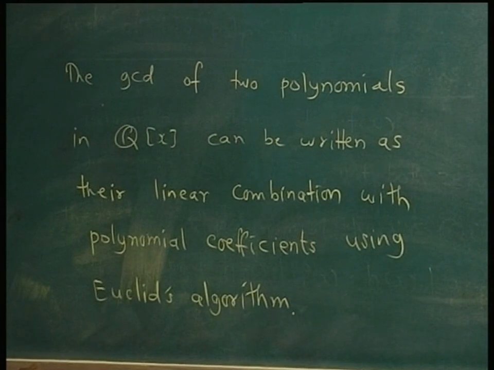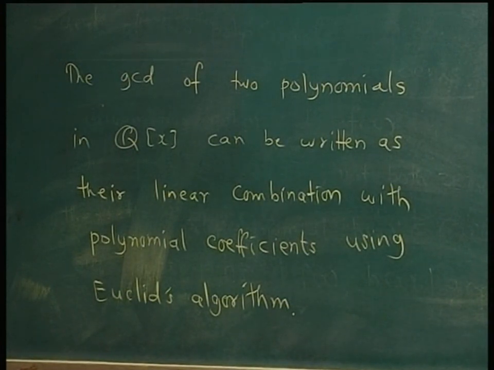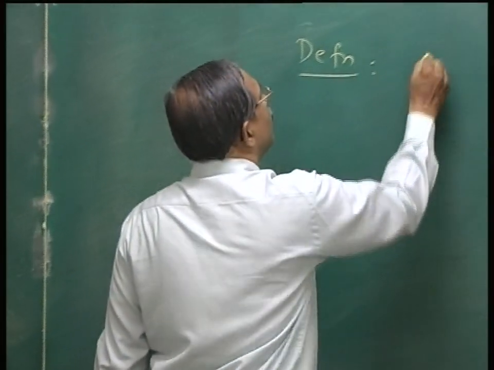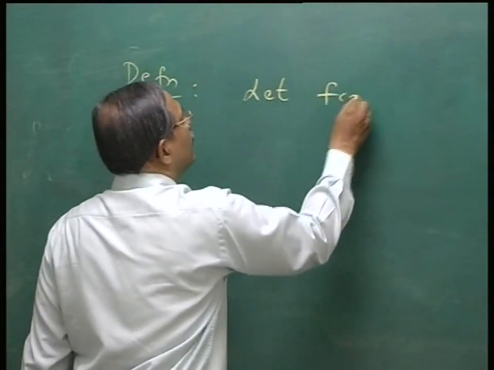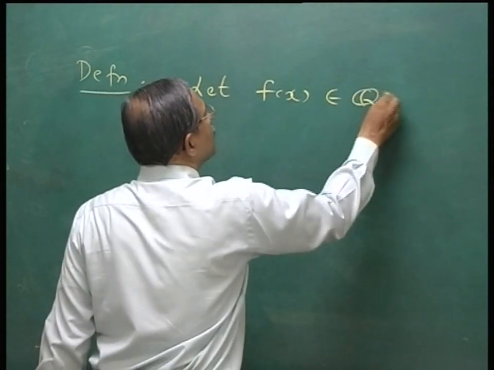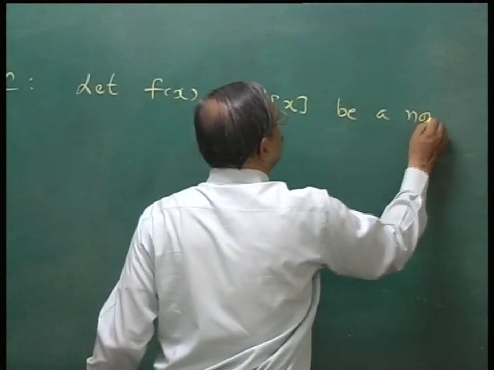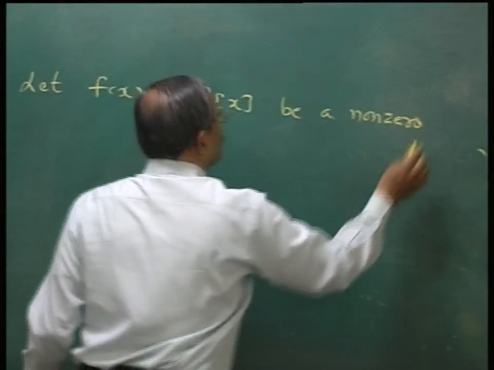Now we define an irreducible polynomial. All polynomials we are considering are rational polynomials. So let f(x) in Q[x] be a non-constant polynomial.